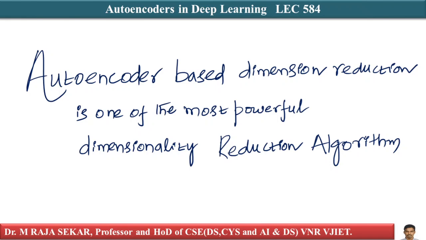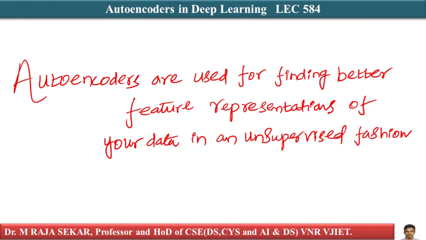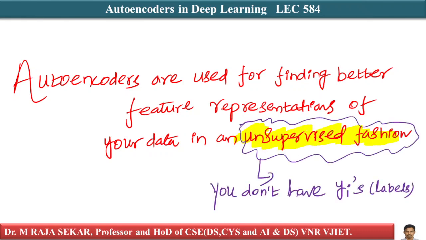In addition to dimensionality reduction, autoencoders are also used for finding better feature representations of your data in an unsupervised fashion, because you don't have labels here, you are just given xi's in your data set. It's a way to get features in an unsupervised fashion. Of course, any dimensionality reduction algorithm can do it, but autoencoders do the job very well.